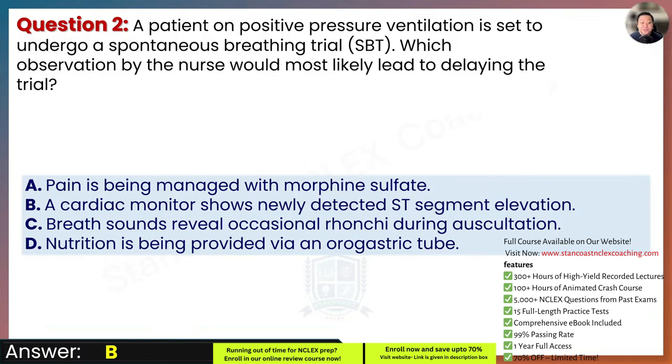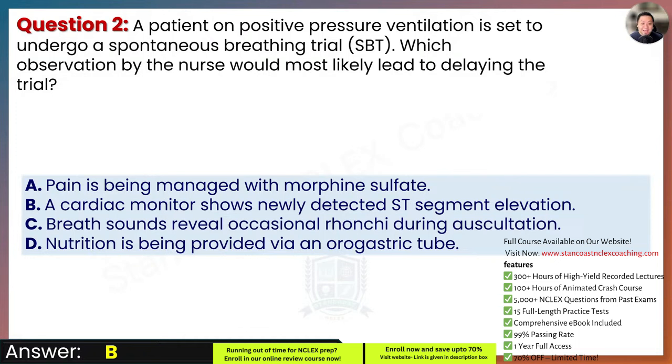So for you to answer this question correctly, I want you to strategize and pay attention to the phrase "most likely lead to delaying the trial." What you need to identify here are the most critical factors that would make weaning unsafe.